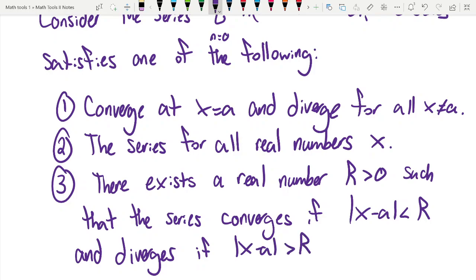So there's this cutoff point where if x minus a is lower than this number r, then it will converge, and anything past that it will diverge.